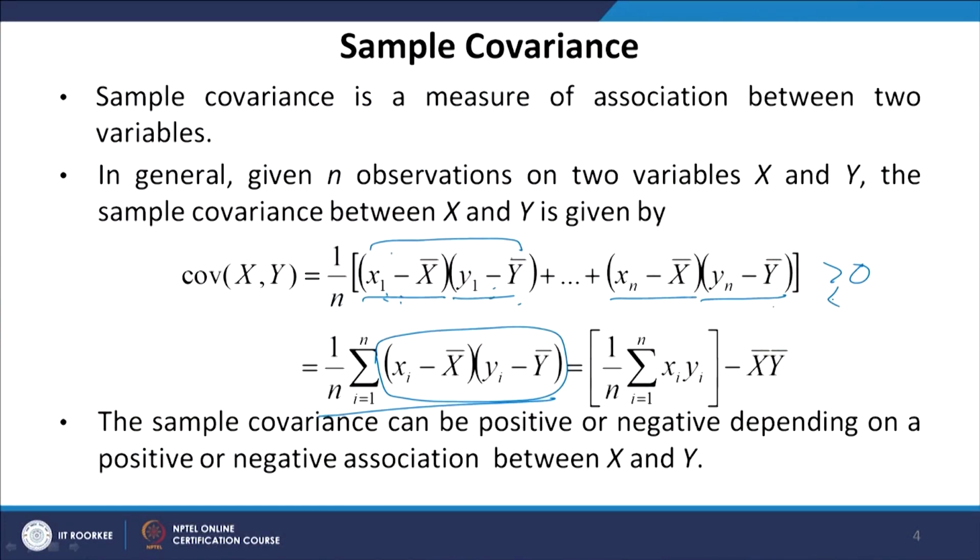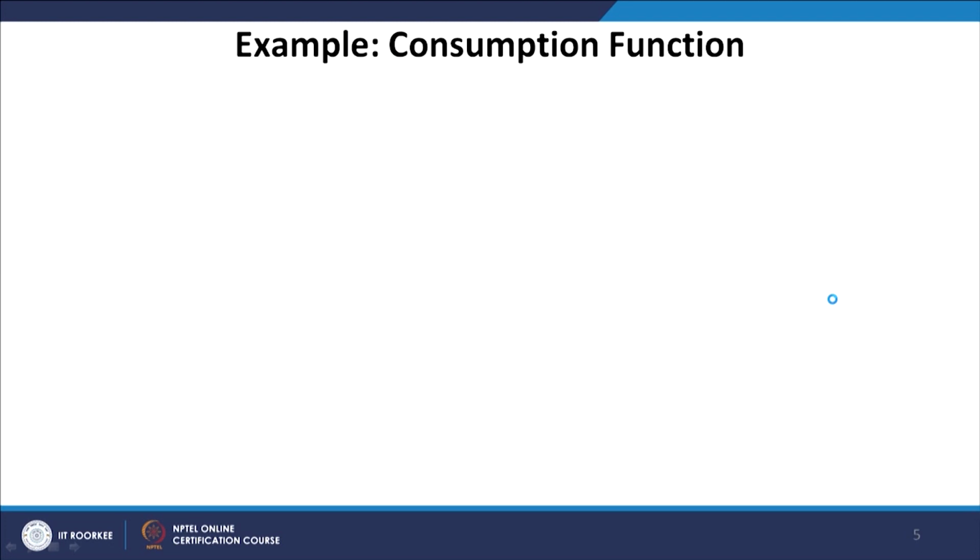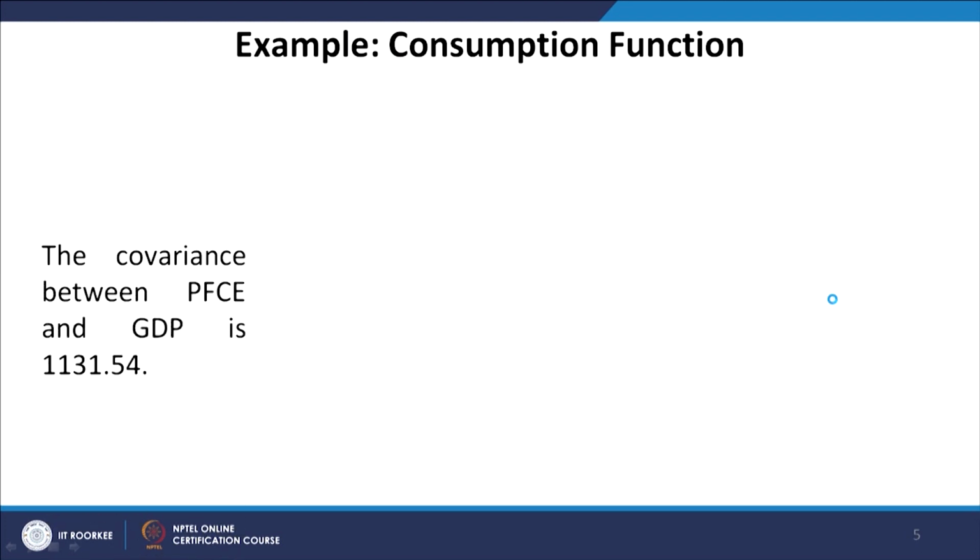So, the sample covariance can be positive or negative depending on a positive or negative association between x and y. We take the example of the consumption function that had been taken in the first two modules. So, GDP and private final consumption expenditure in the Indian context from 1990 to 2020.